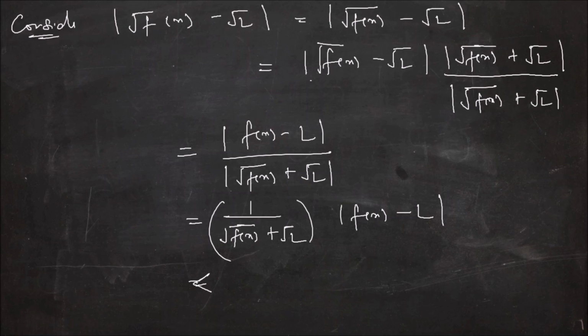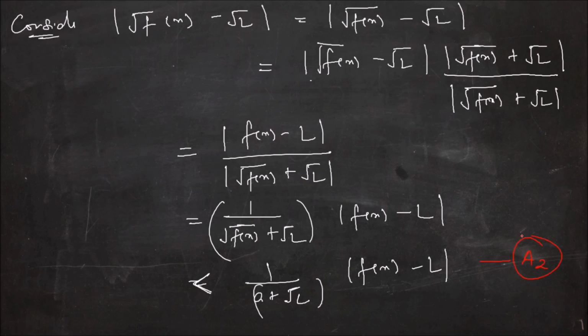So this is less than 1 by root a plus root L times f x minus L. So I want this to be less than epsilon, so f x minus L should be less than epsilon times root a plus root L. So mark this as a2.